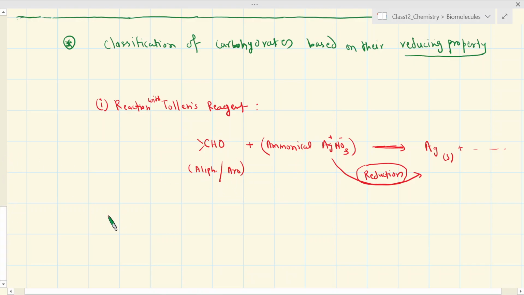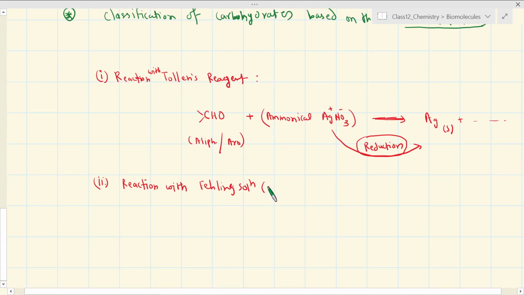Another reaction which is also a test for aldehydes is the reaction with Fehling's solution. Basically, Fehling's solution is a mixture of two different solutions, A and B. You don't have to worry about this at this point in this particular topic, but there are two reagents which are mixed freshly.